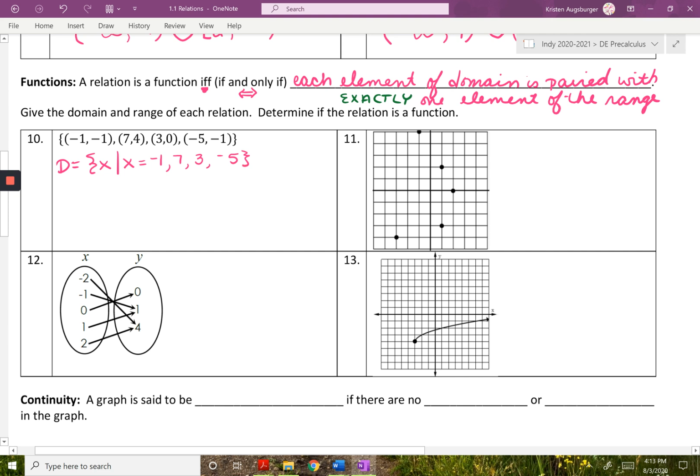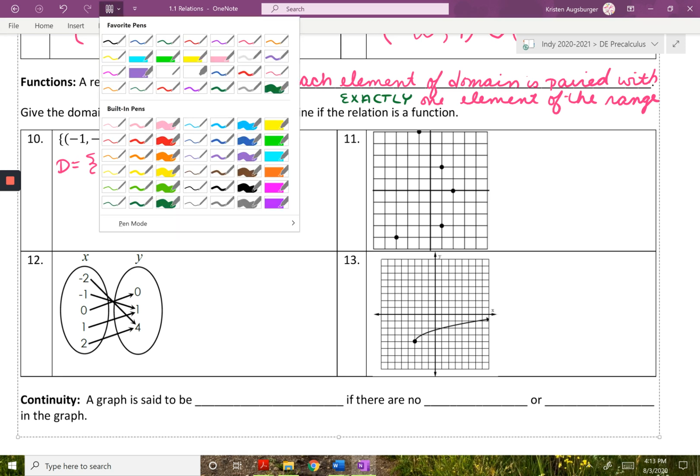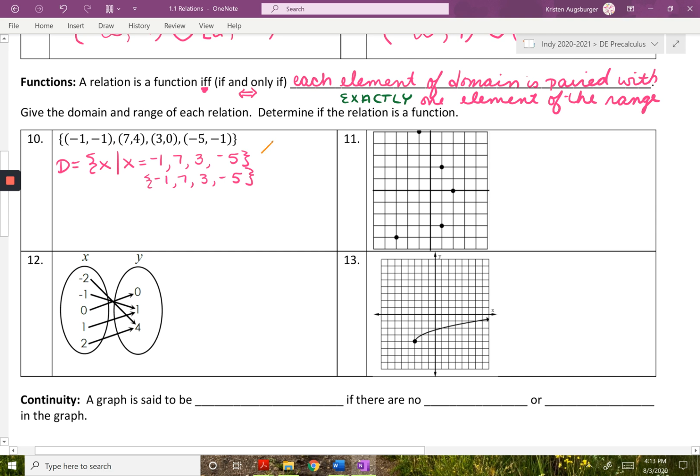This can sometimes be written as just the list of values. I kind of prefer the set method, this is just personal and years and years of too many math classes, but this method is acceptable as well. You might come to a point in a class where you have to identify that the domain specifically involves the x values. But for now, I'm okay with that. That's fine also. So that's the domain.